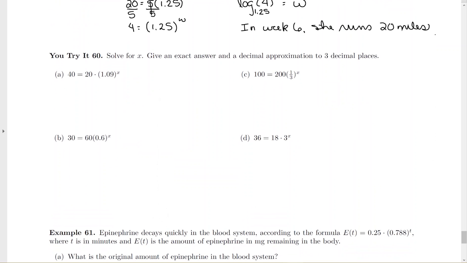So for the Try-Its, a lot of these are exactly what we've been doing. Solve for the exponential, divide off by the number in front. So I have 2 equals 1.09 raised to the x power. So this is an exponential. We get rid of it by using the word log. The base comes down.